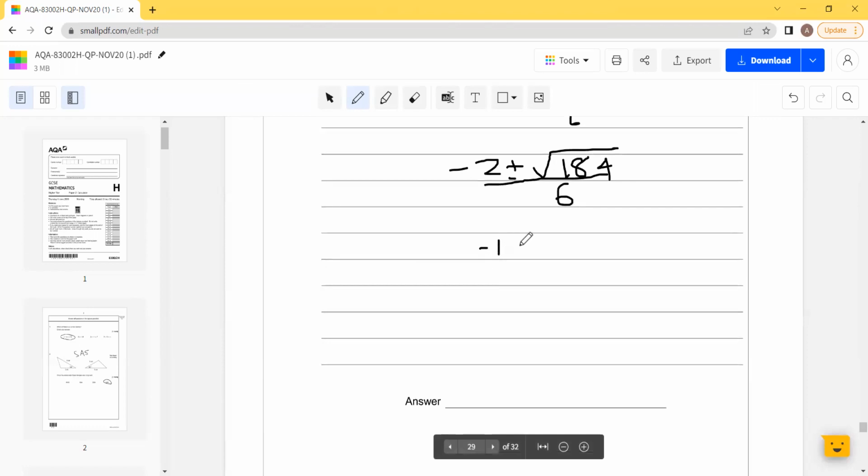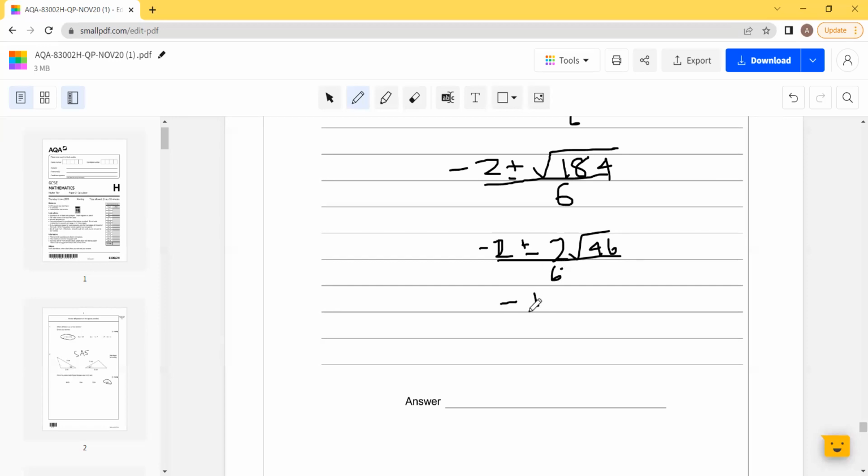So it's minus 1 plus or minus the square root of 46 over 3.